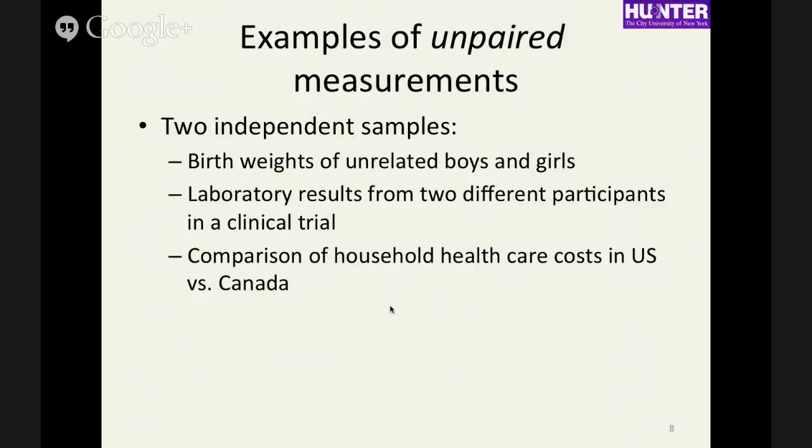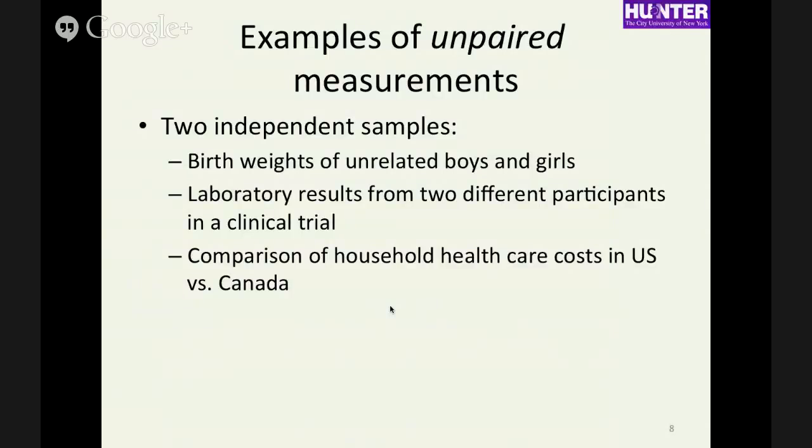So some examples of unpaired tests. If we were to look at separate samples of boys and girls and were to compare the birth weights of them, you'd use an unpaired t-test. Or if we had results from different participants in the clinical trial, so say from 2 different arms, your treatment, your control arm, that's unpaired.